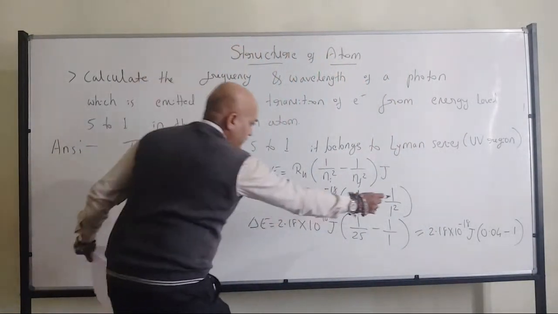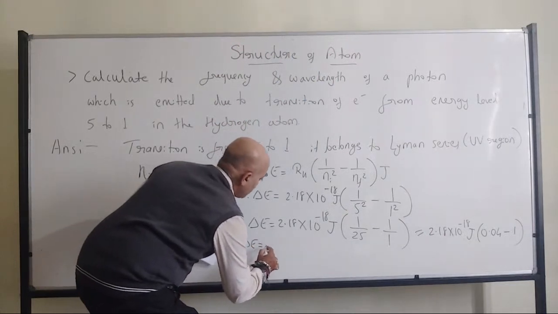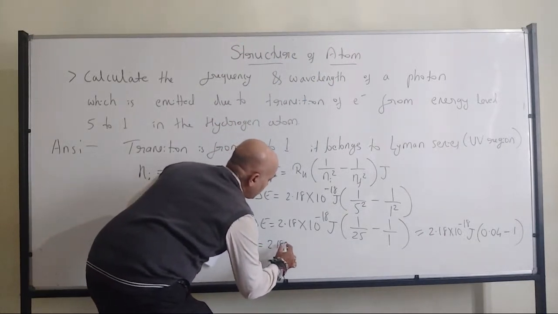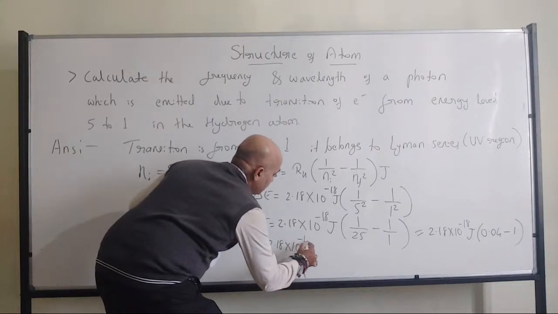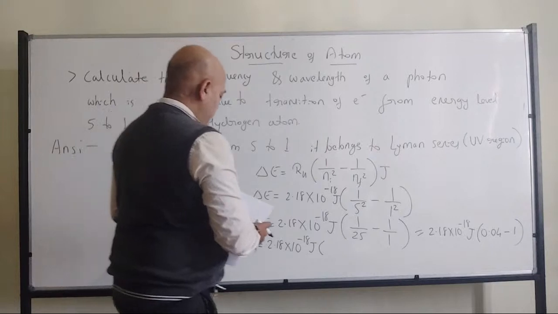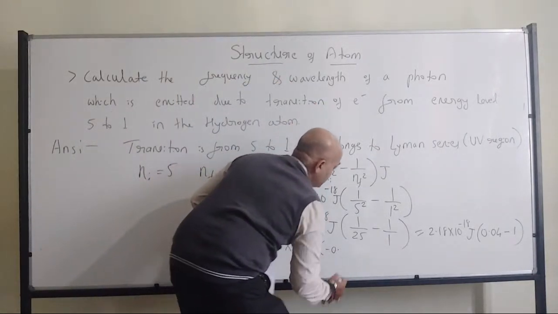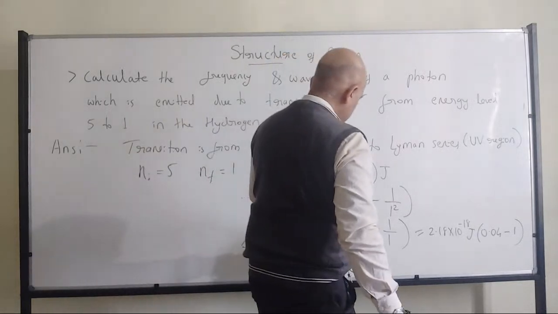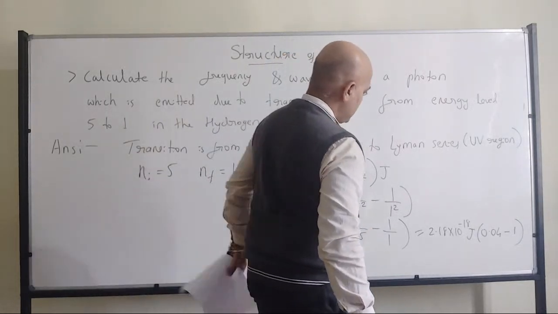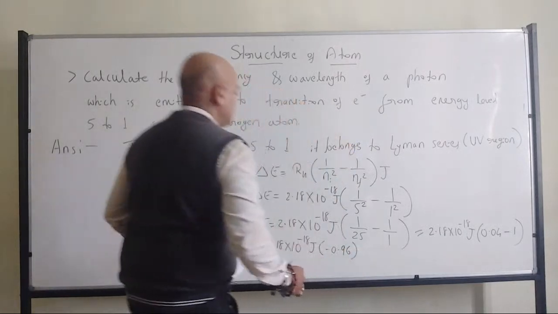So therefore delta E is equal to 2.18 into 10 to the power of minus 18 joule multiplied by minus 0.96.